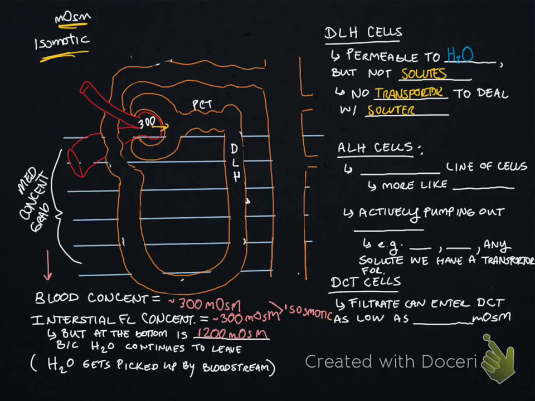So in the descending loop of Henle, water is leaving. So what is going to happen to the concentration? It is 300 here, and as solutes move out, as water leaves, the filtrate becomes, hopefully you said, more concentrated. So that when it gets to the bottom, it's about 1200.